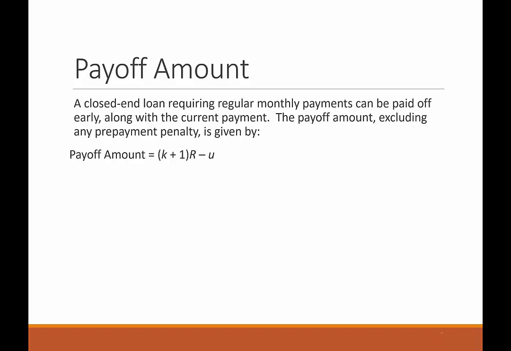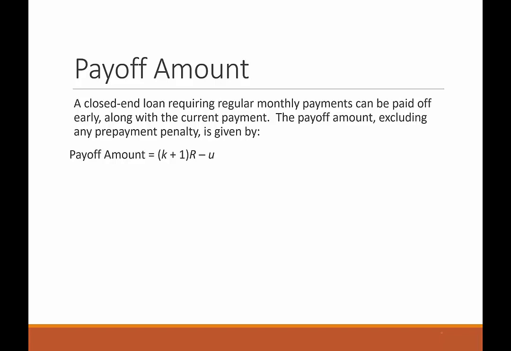The other thing that we're curious about is the payoff amount. If you take out a 5-year loan and you pay it back in 4 years instead, you have to pay back a lot more for that last payment, right? Because you're paying for the entire next year. A closed-end loan requiring monthly payments can be paid off early along with the current payment.